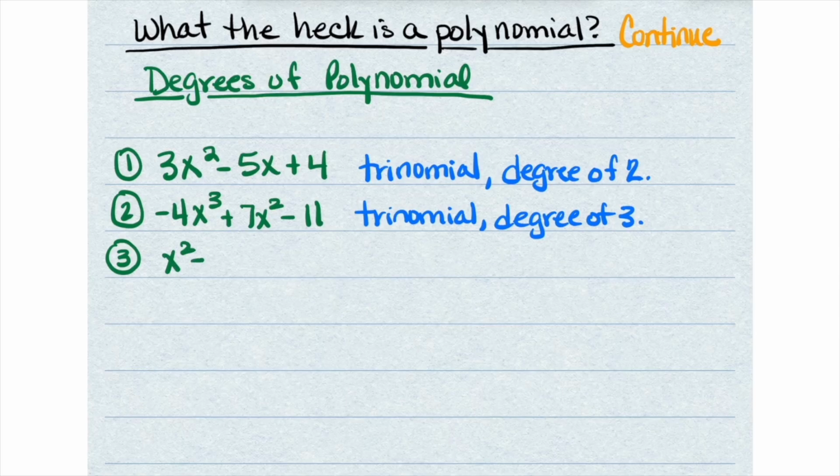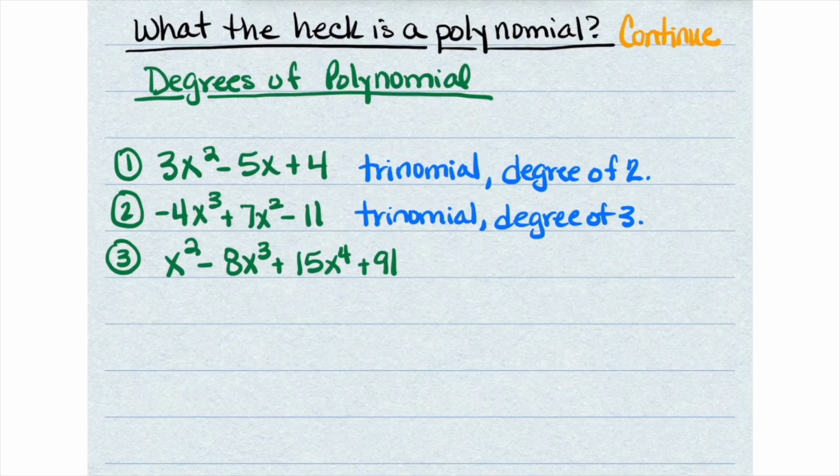X squared minus 8, hold on. I didn't like the way I wrote that. X squared, yeah. X squared minus 8x cubed plus 15x to the fourth plus 91. Now, we said what a monomial was, it has one term. A binomial has two terms, and a trinomial has three terms.